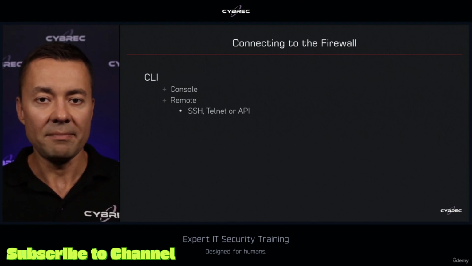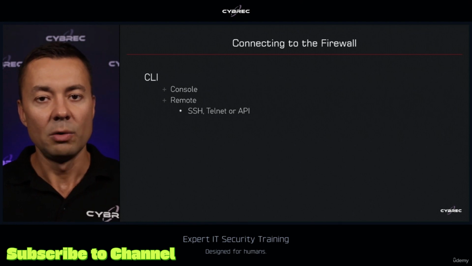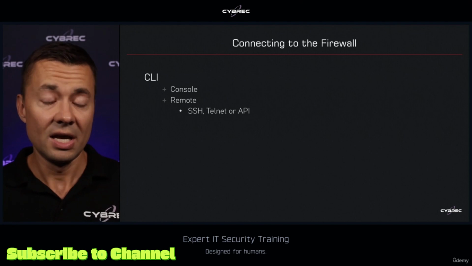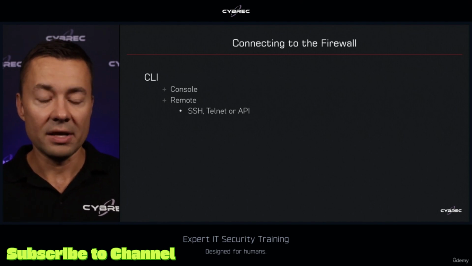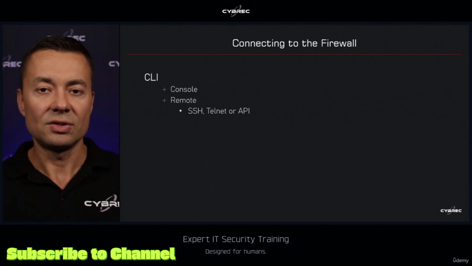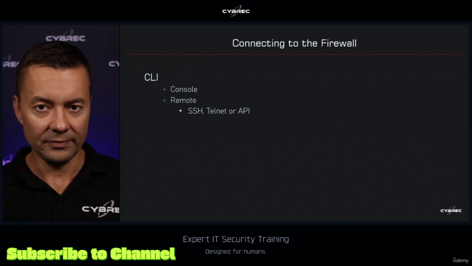API is going to be the third method that we can use for a connection to the Palo Alto Networks firewall. We've got console, we've got remote access with Telnet SSH, and we've got API, where API stands for Application Programming Interface, and is something that will be used by our scripts or applications to connect to the firewall.